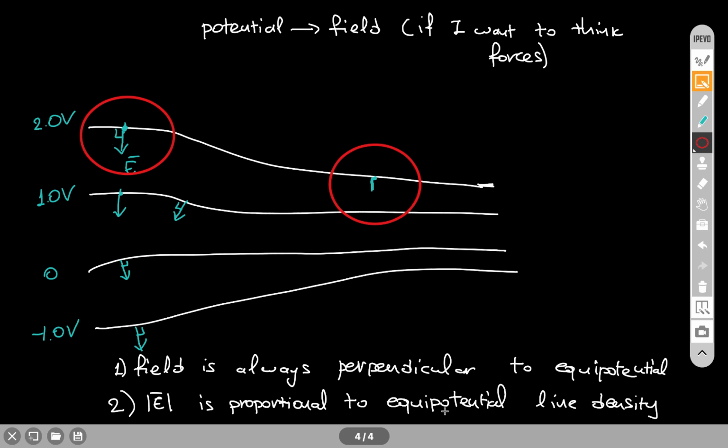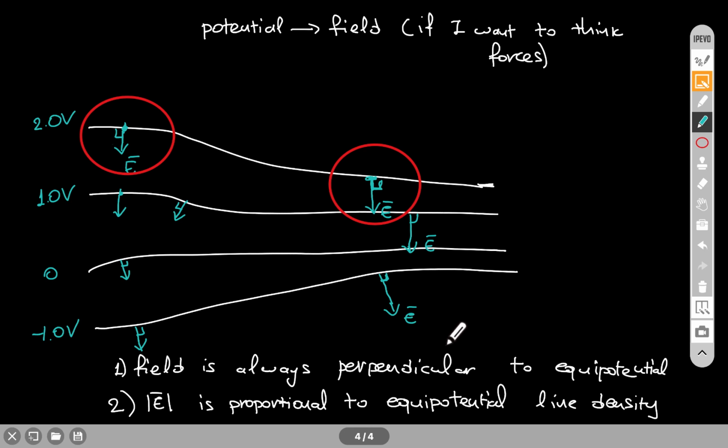Now, according to the second rule, if you have a greater density of equipotentials, the strength of the electric field is greater, which means I need to draw a longer arrow for the electric field. Always perpendicular to the equipotential, but a greater arrow. So this is E, perpendicular. Trying to do a longer arrow, E. Perpendicular.